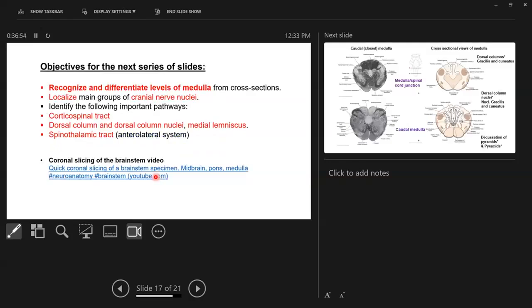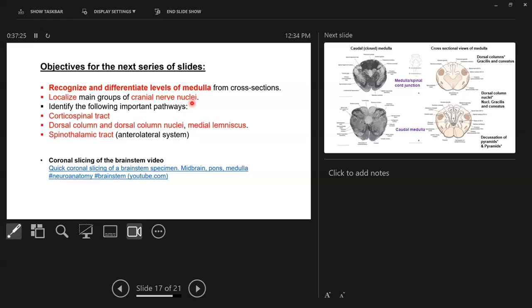For the next series of slides, we need to recognize and differentiate levels of medulla oblongata from cross sections. We should be able to localize main groups of cranial nerve nuclei. As I said before, we would be anticipating things like hypoglossal and nuclei belonging to vagus and glossopharyngeal nerves for the most part.